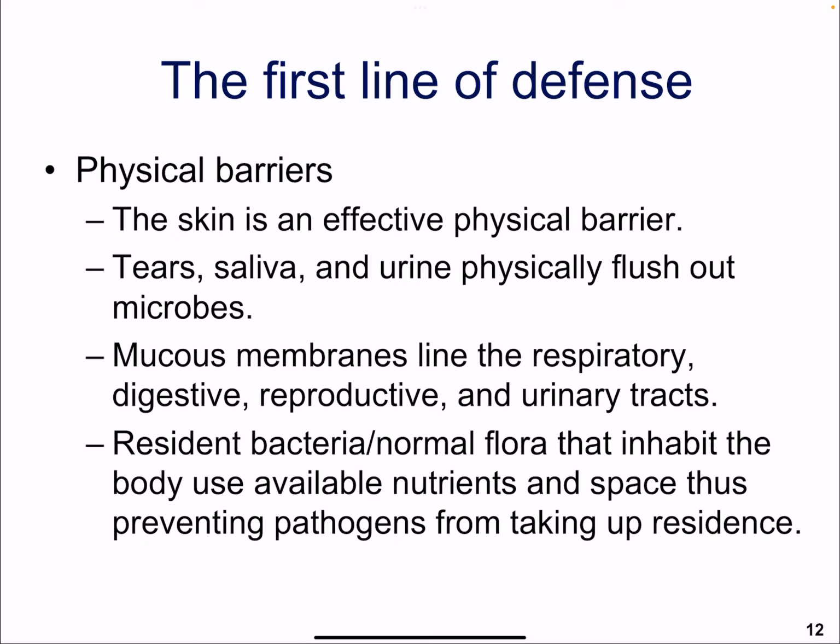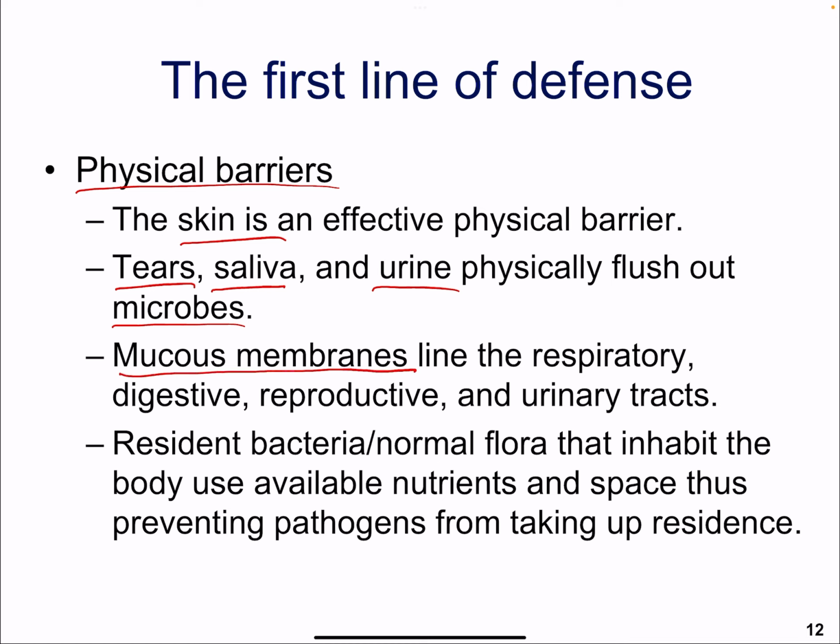Now, the physical barriers are going to include the skin, right? We are going to have the tears, saliva, urine. They are all ways to fight infections, right? They're going to flush out microorganisms that are a problem to us. We have the mucous membranes.